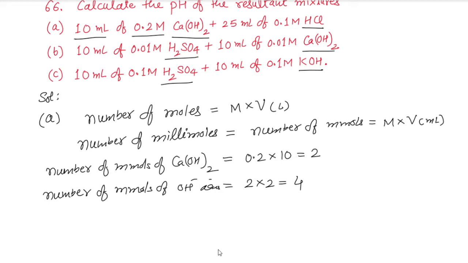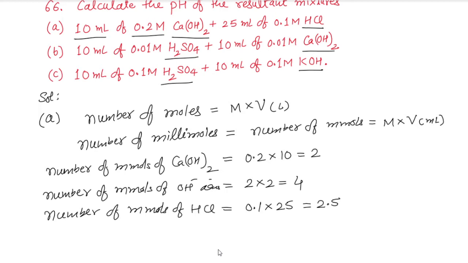Now come to the number of millimoles of HCl. Again molarity is 0.2 and volume is 25, so it is 2.5.